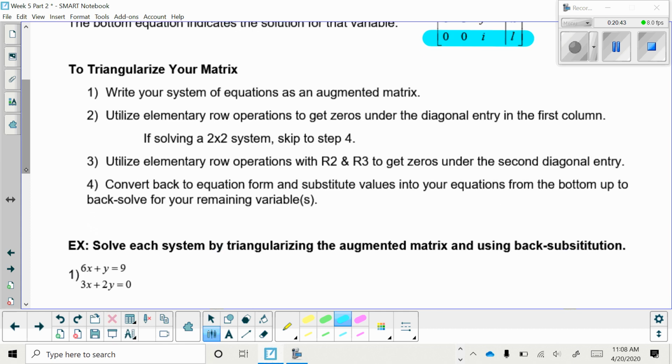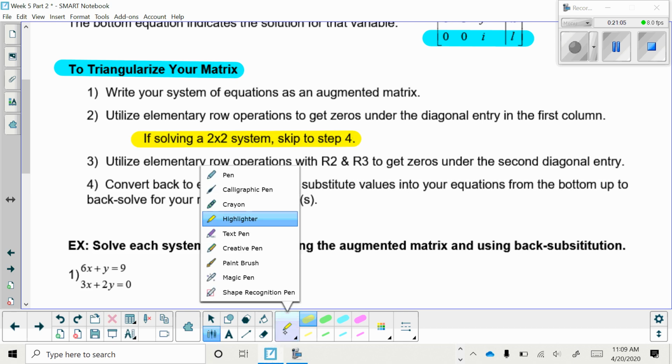So to triangularize your matrix, 1, write your system of equations as an augmented matrix. Okay, that's easy. 2, utilize elementary row operations to get zeros under the diagonal entry in the first column. Notice right here, if you're solving a 2x2 system, skip to step 4, okay, because it requires less work.